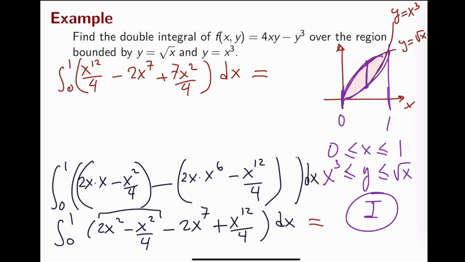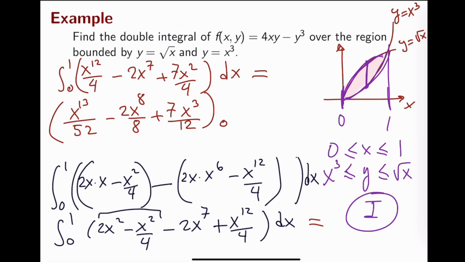The integral of this will be x to the 13th power divided by 13 multiplied by 4, and then minus 2x to the 8 divided by 8, and so plus 7x cubed over 3 times 4, which is 12. And this is going to be evaluated between 0 and 1.